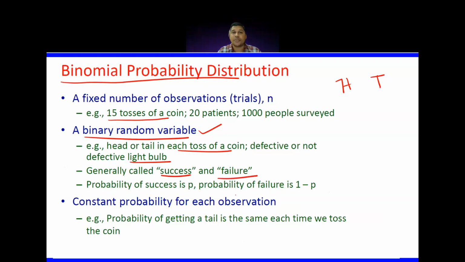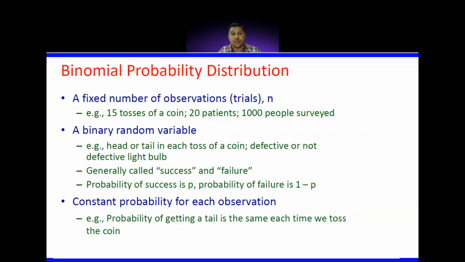So when you have data and you want to talk only about the two cases, yes or no cases, then we apply the binomial probability distribution. Success is represented as P, failure is 1 minus P. Okay, so there is a constant probability for each observation because it's fixed.